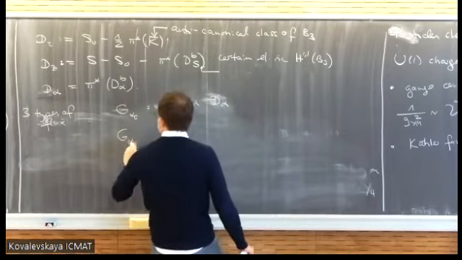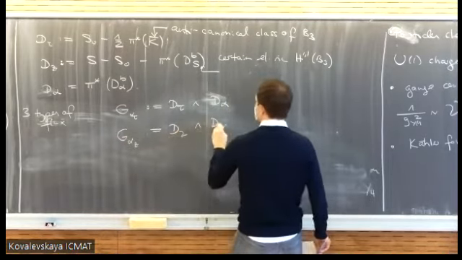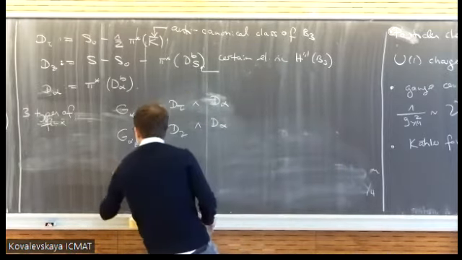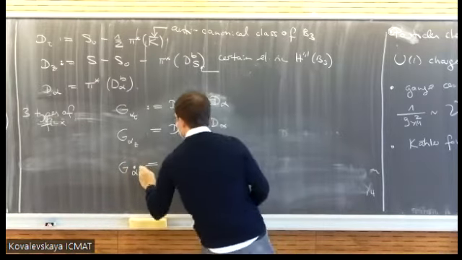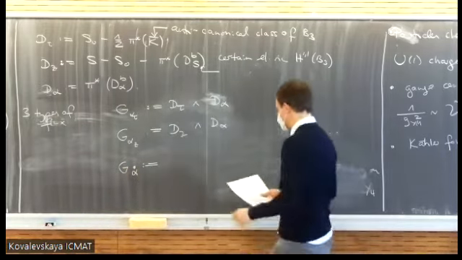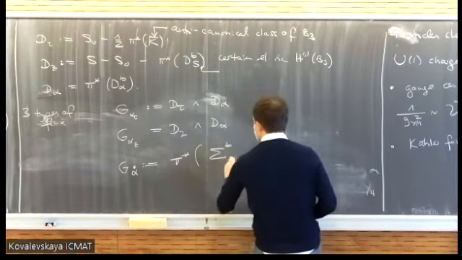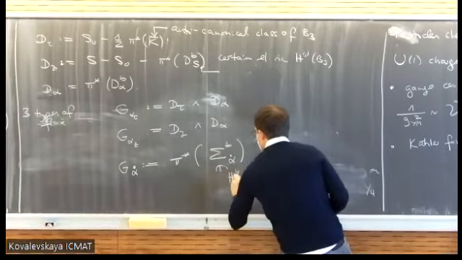The flux alpha z, which is dz wedge d alpha, and the flux, let me call it alpha dot. By this I mean the pullback of a four-form from the base, the pullback of some four-form class on the base. This is just a four-form class.